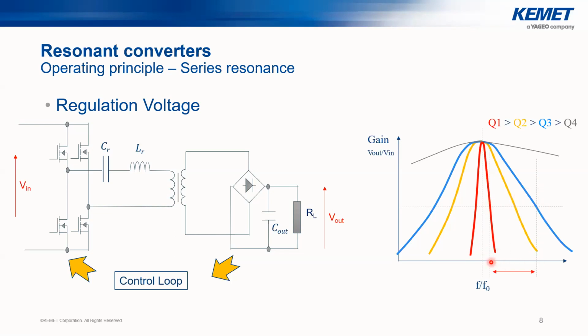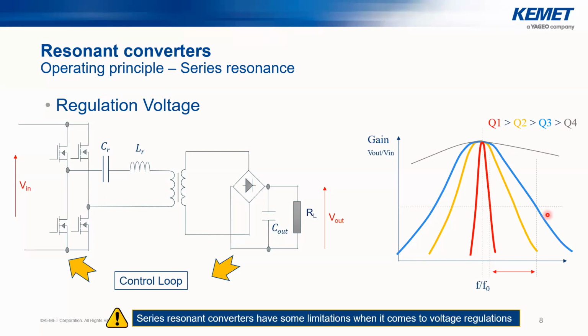This is the main drawback of these resonant converters, because the ratio between the frequencies for Q3 and Q1 in this example can be very high, 2 to 3 times or even more. This is the issue we see for light load. If we have, for example, Q4 and need to keep the same gain of 0.5, we need a very, very high switching frequency, which is not reasonable.